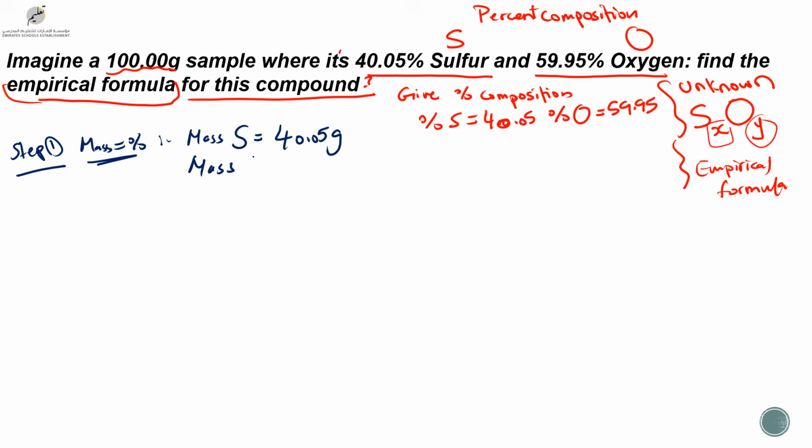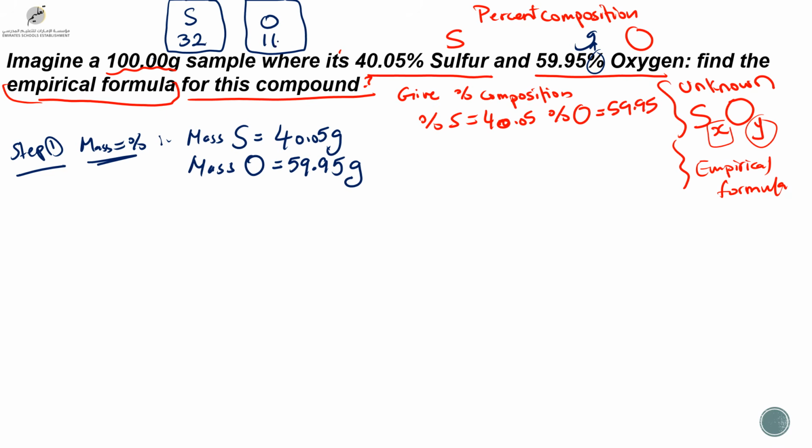The mass of oxygen will be 59.95 grams. This percentage we convert to grams directly. Of course, if we go to the periodic table, you'll find S 32 here, and then you will find oxygen 16. So these are the molar masses, gram per mole.